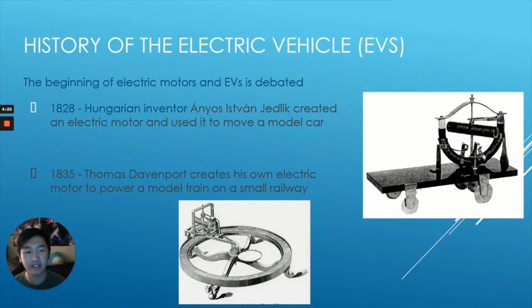A picture of that model car can be seen on the right side. It's rather small. Another starting point is 1835, when American inventor Thomas Davenport created his own electric motor to power a model train on a small railway, which you can also see in the picture at the bottom.